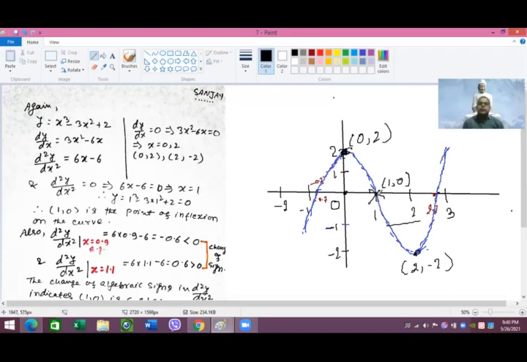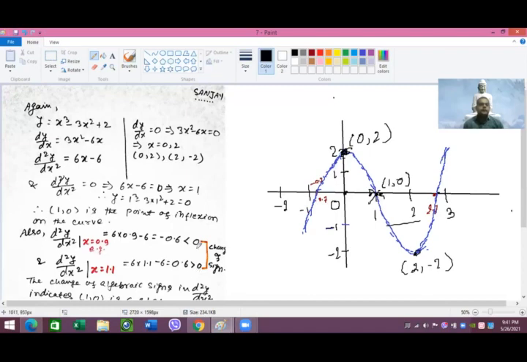So we check this point in the neighborhood of x, that means at values very close to x, on either side, by estimation. I'm taking values very near x equals 1: towards the left of 1, I take 0.9, and towards the right, I take 1.1. When you put these values in the expression for the second order derivative, for 0.9 the second order derivative is negative, and for 1.1 it is positive.